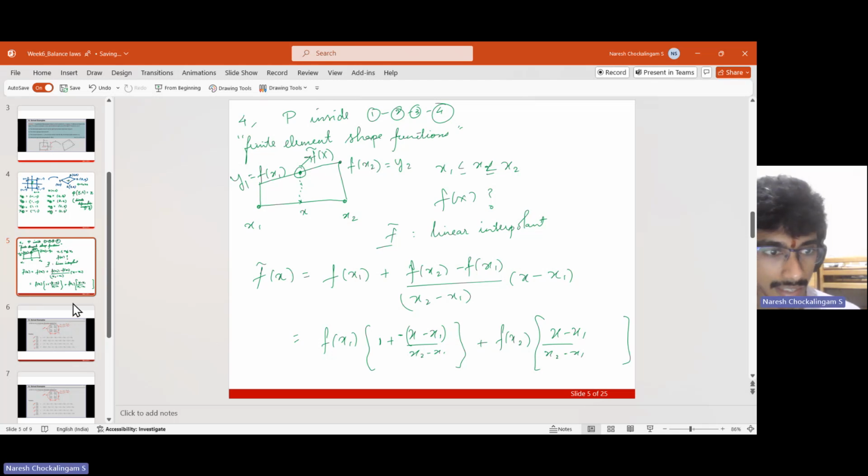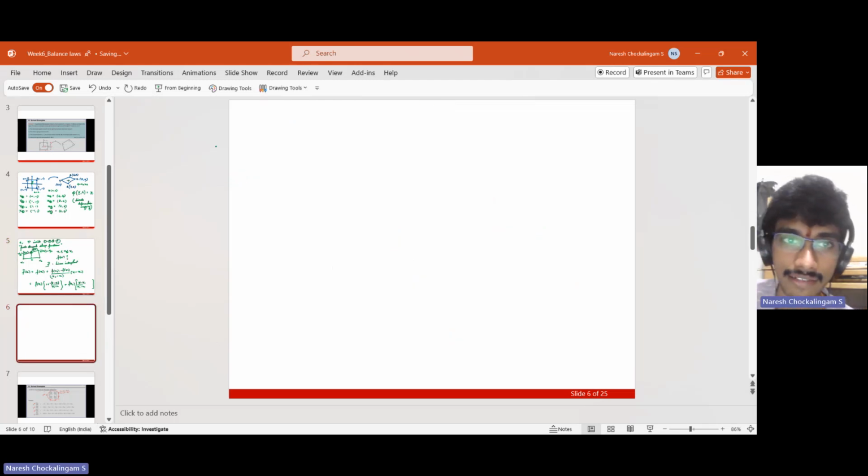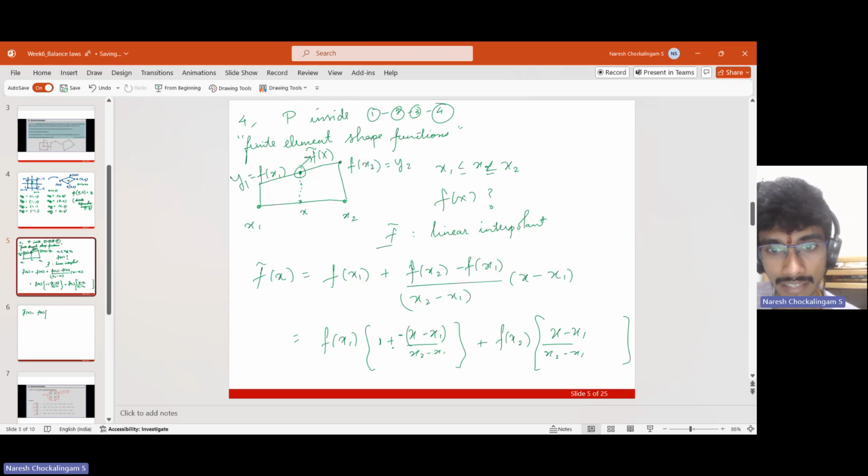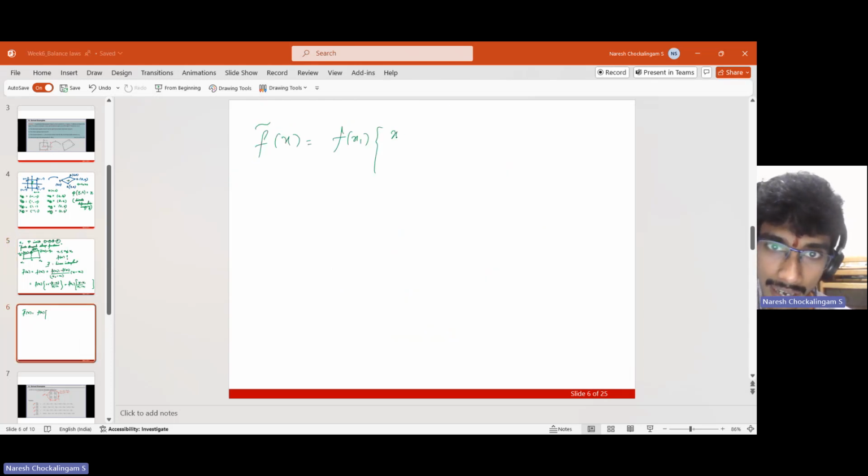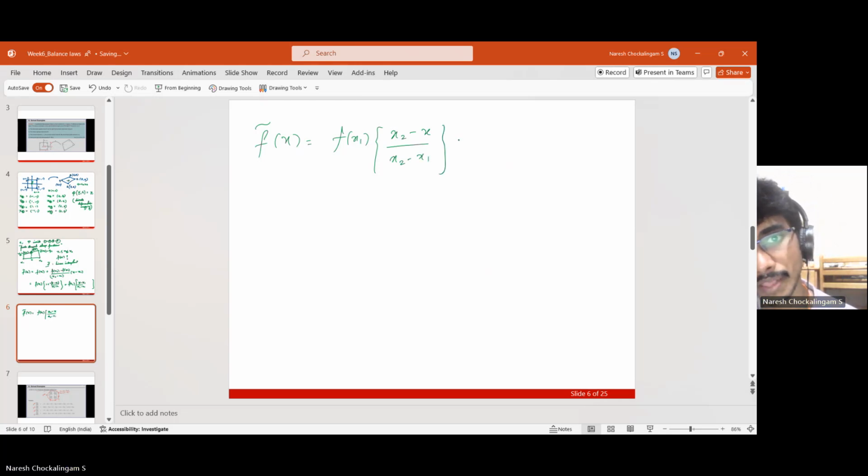Now simplify the first term. The linear interpolant is defined as f of x1 times, do the simplification, you get x2 minus x1 minus x plus x1. So I get f of x1 multiplied by (x2 minus x) by (x2 minus x1) plus f of x2 multiplied by (x minus x1) by (x2 minus x1).